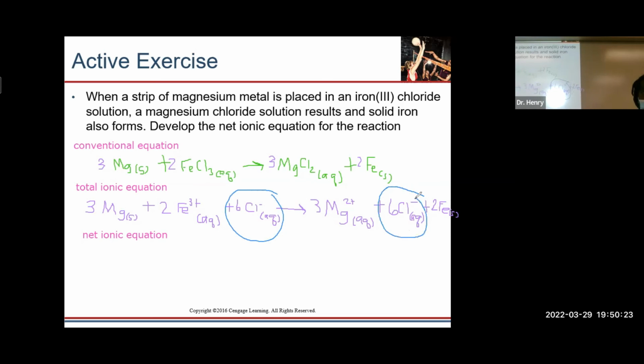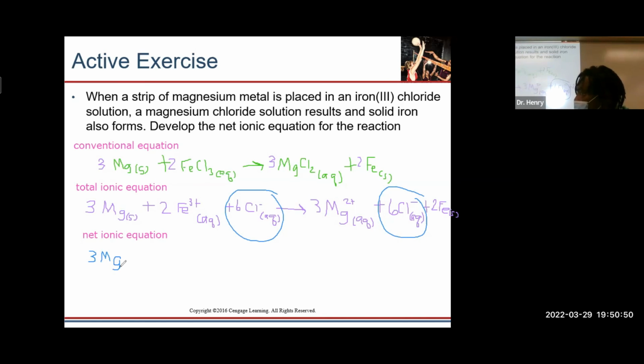And you said because they're exactly the same state, negative charge, on both sides, where the magnesium starts off as neutral charge and becomes an ion. So then my net ionic equation is what's left over after we get rid of the spectators.